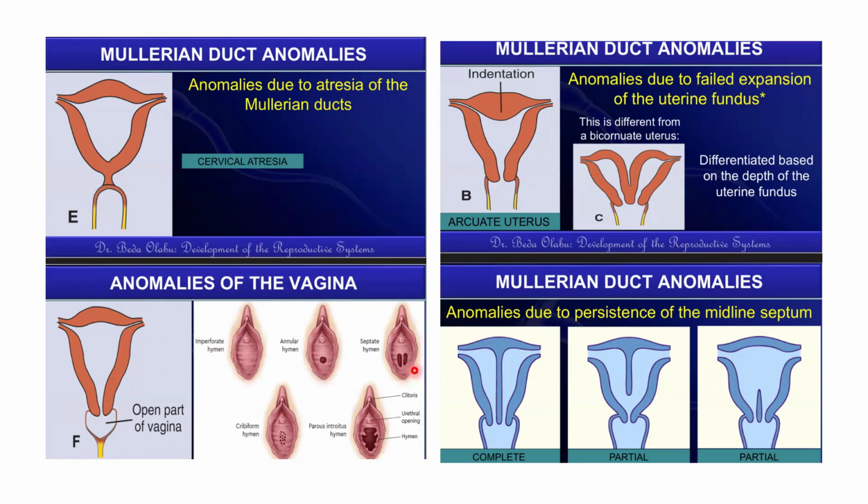You can have septate hymen, as you can see here. You can have cribriform hymen, as you can see here. And also you can have lax introitus hymen, as you can see here. So those are some of the anomalies of the vagina.